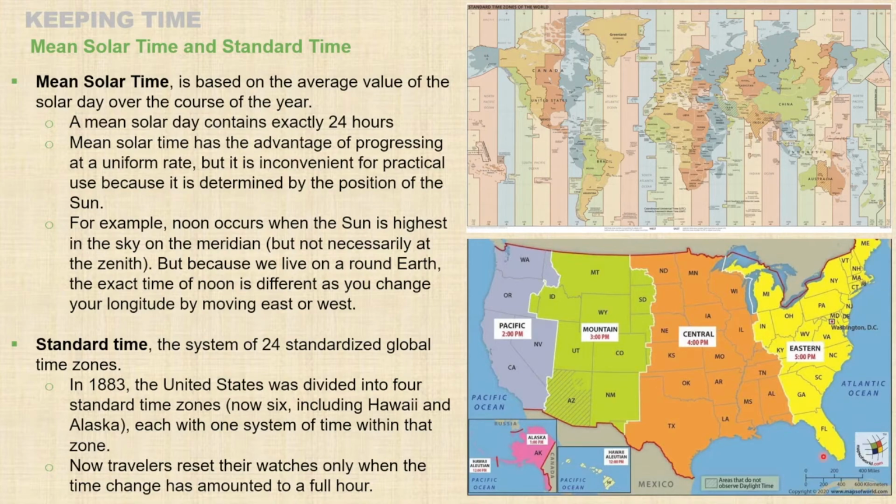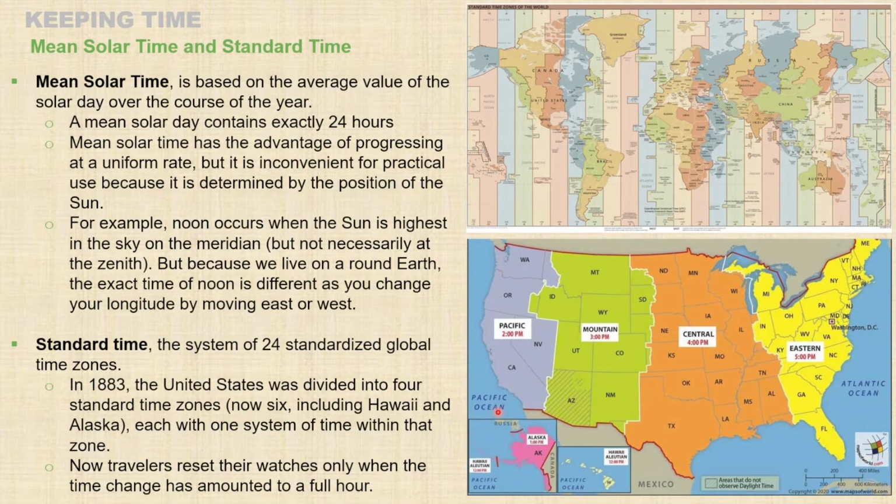we call that the Eastern time zone. So when it's 5 p.m. here, it's only 4 p.m. It's 1 hour off in the Central Time, and you move 1 hour to the left, to the west, it's Mountain Time, and we call all this the Pacific Time Zone.